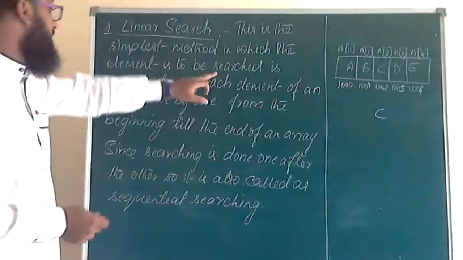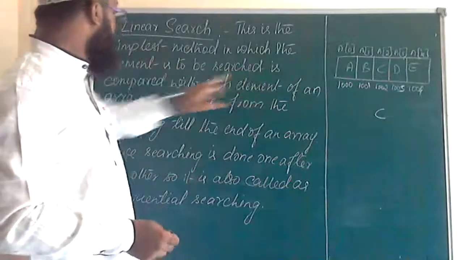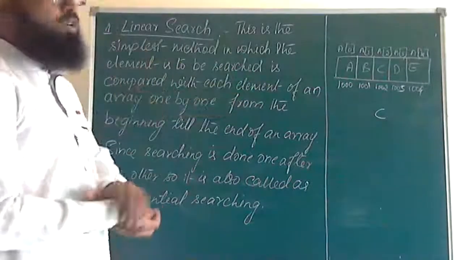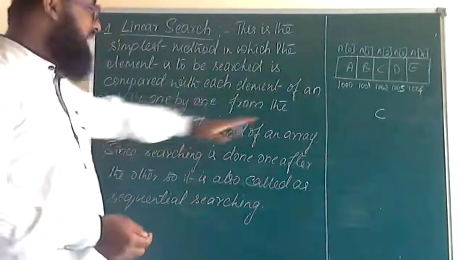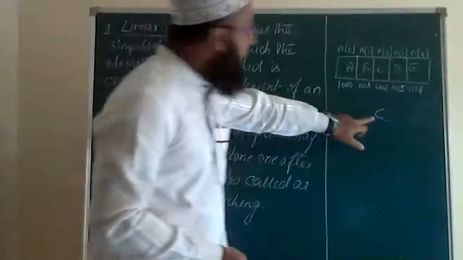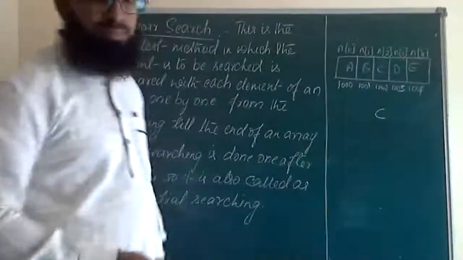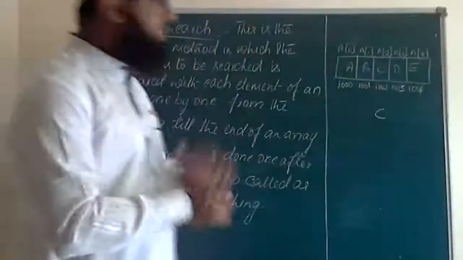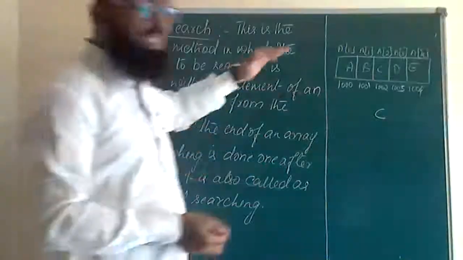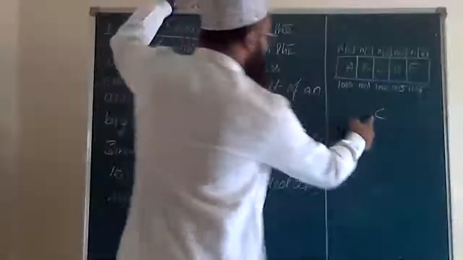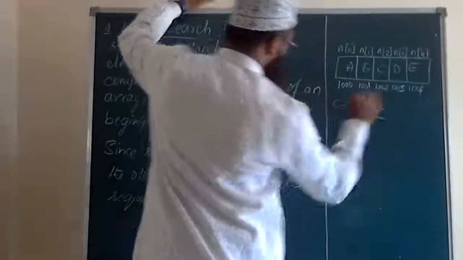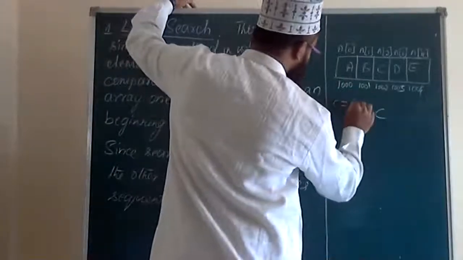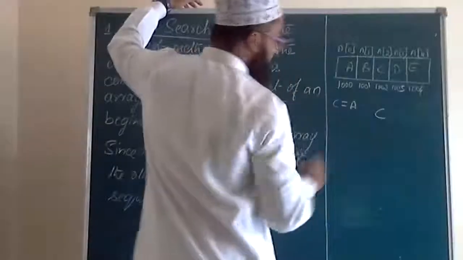The element to be searched is compared with each element of an array one by one, from the beginning till the end. Now I want to search C. What will happen under linear search? First, C is compared with A. Is C equal to A?